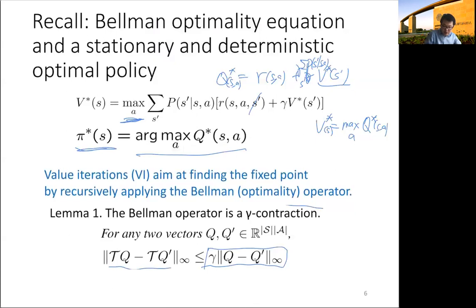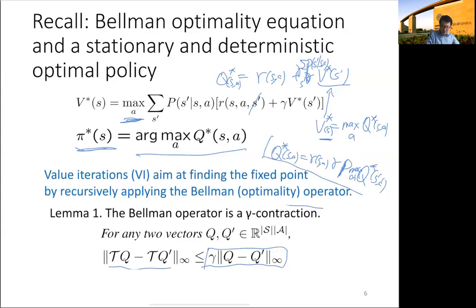And the objective function value of this maximization is the V star function. So if we plug this in, we get this nice-looking equation where both the left-hand side and right-hand side depend on Q. So we'll get gamma, and this P matrix, multiplied with max over A of Q star at S prime, A prime.